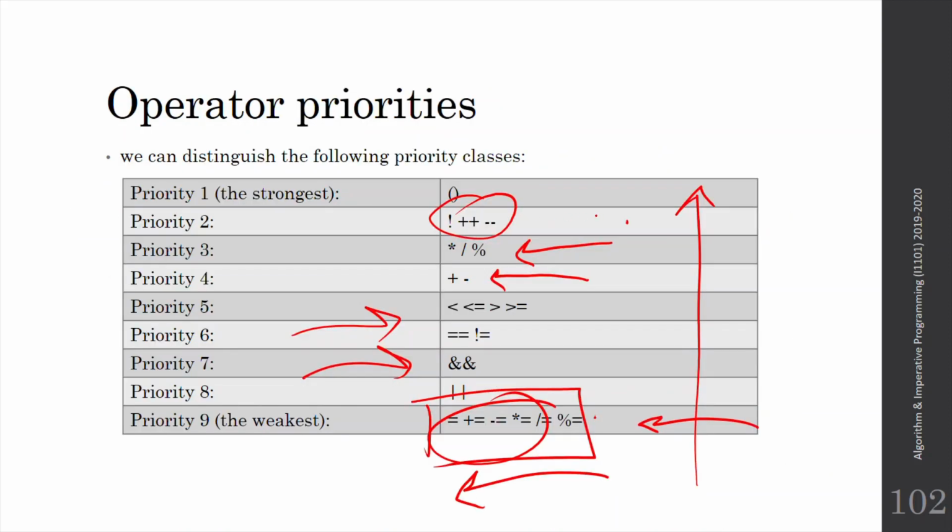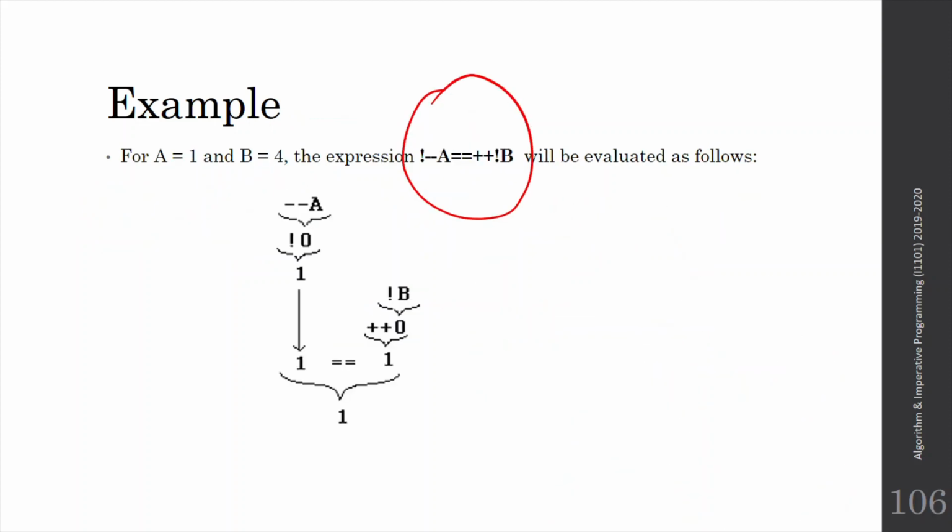The unary operators here, as we have seen in the assignment, are evaluated from right to left. So let's go back to the example and see what kind of operators we have. We have the exclamation mark, the not, the minus minus, the plus plus, and the equal equal.